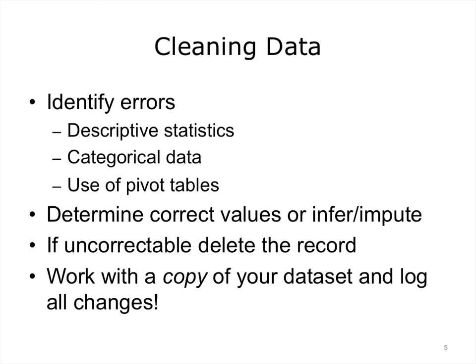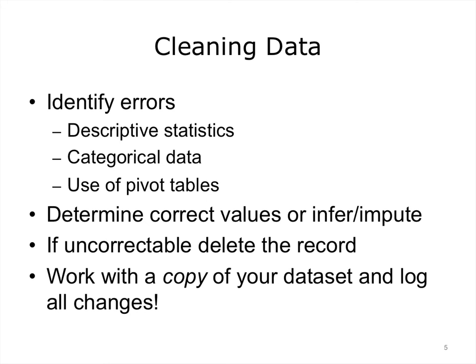If, or rather when, you find errors or blank entries, you have to decide what to do. Can you determine the correct value from another source? For example, if the patient's height is missing, but you have the medical record number, can you look it up on another system? You may also have to infer or impute values.